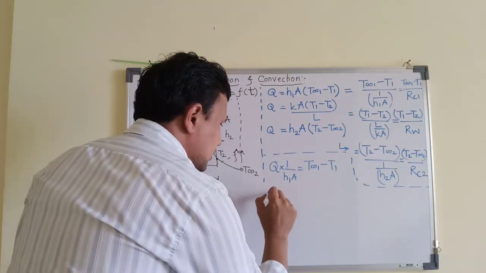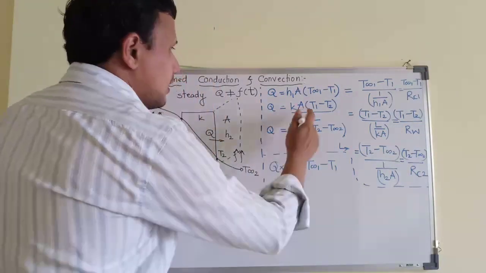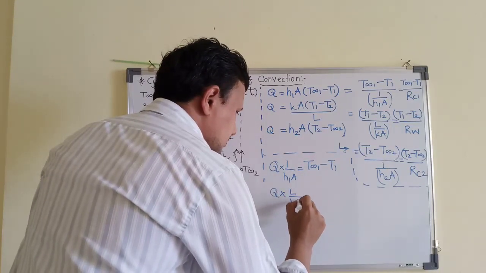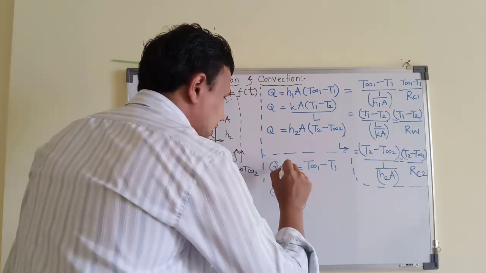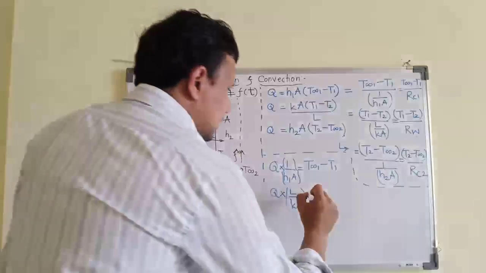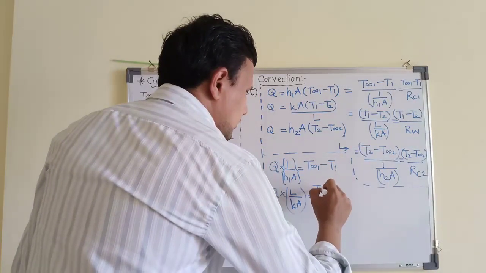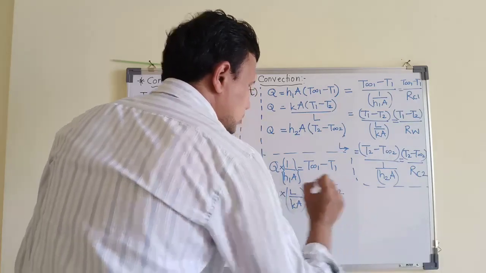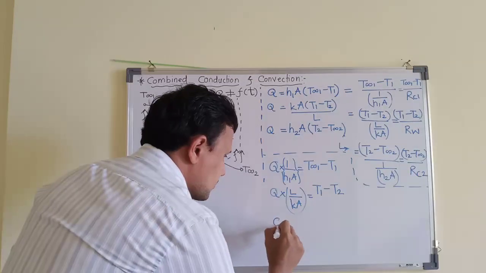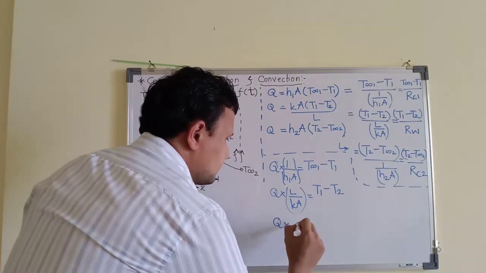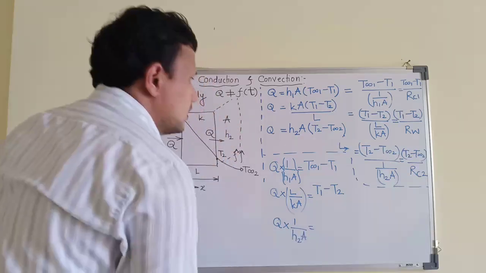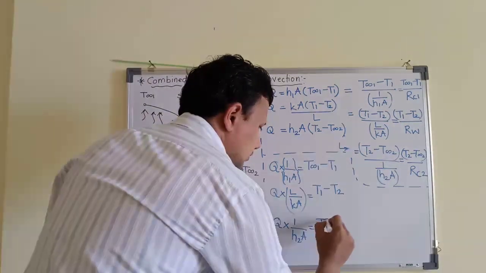So that gives us Q multiplied by L upon Ka. I will put a bracket so that you can identify exactly this is the resistance, and this is equal to T1 minus T2. And the third equation, Q multiplied by 1 upon H2A, is equal to T2 minus T infinity 2.